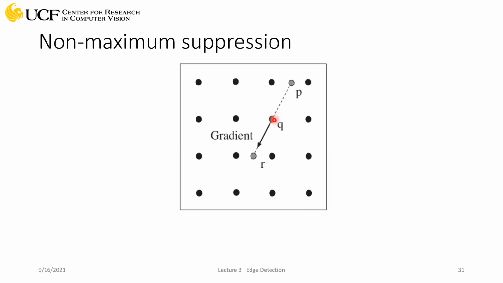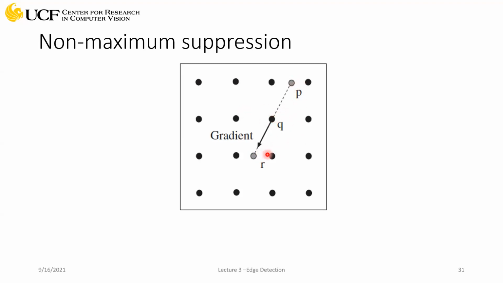I hope this part is clear. Right now we are looking at this pixel location Q, and the goal is to determine the neighboring pixels for this location. We just discussed how to get the values at locations R and P. Once we have done that, non-maximum suppression is pretty simple. We compare the magnitude at this location with the magnitudes at these two locations.